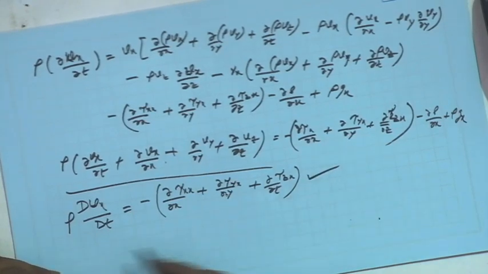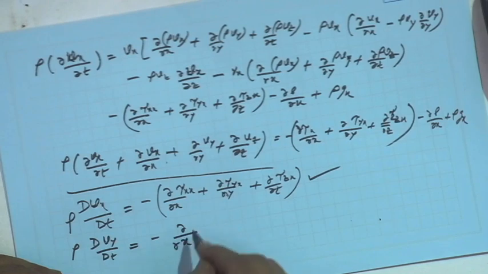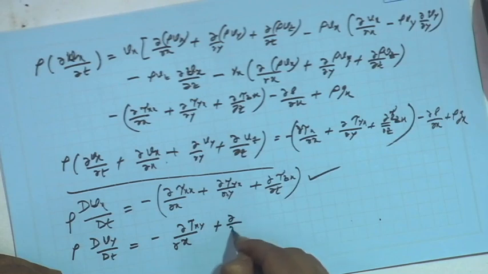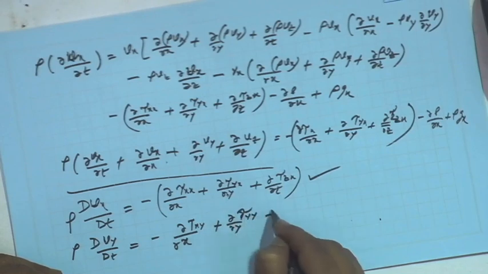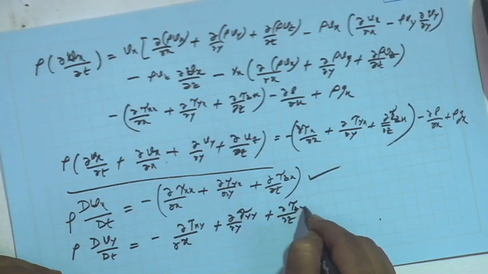Similarly, for the y and z component, we can write rho capital D Vy by Dt, right. This is equals to minus del x of tau xy plus del y of tau yy plus del z of tau zy, right.